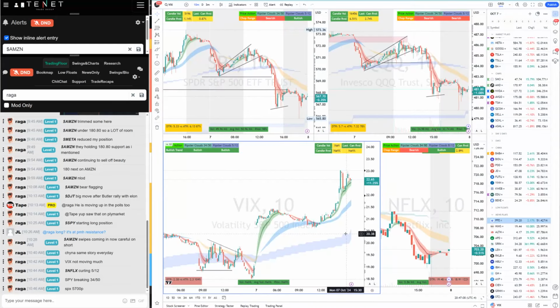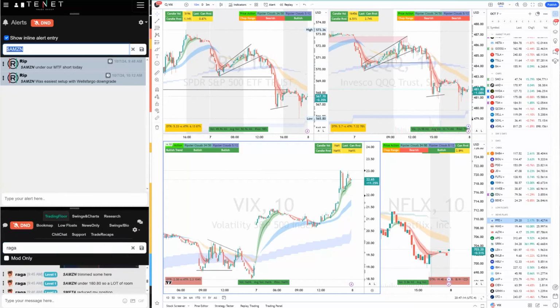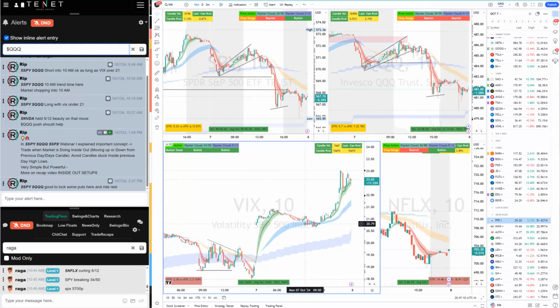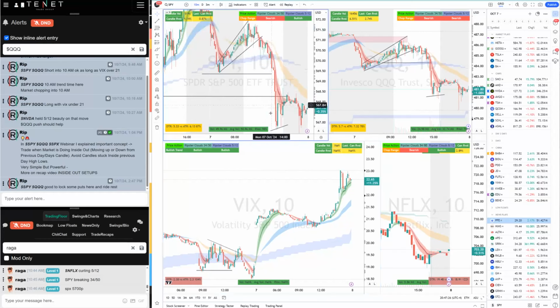I was tweeting about it all day, guiding everybody through. Take the SPY puts, take the QQQ puts, just trade it short, right? It's a very simple strategy, guys. I have covered it 1,000 times. VIX is very strong, market is iffy, so it was supposed to be bearish. This short was a home run right here. MTF low of the day, MTF low of the day.